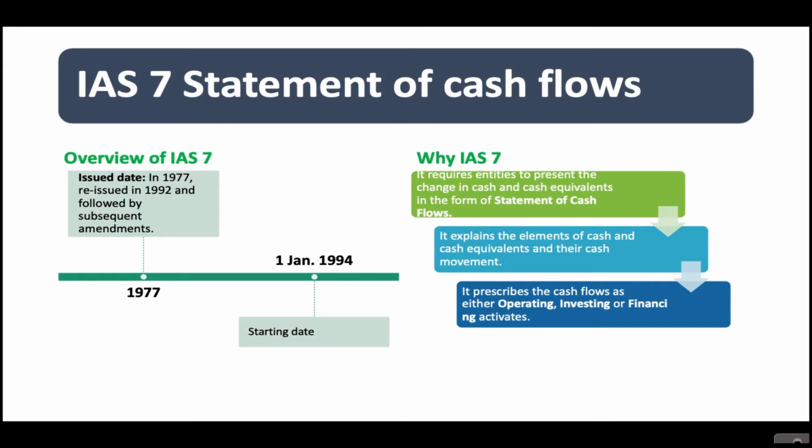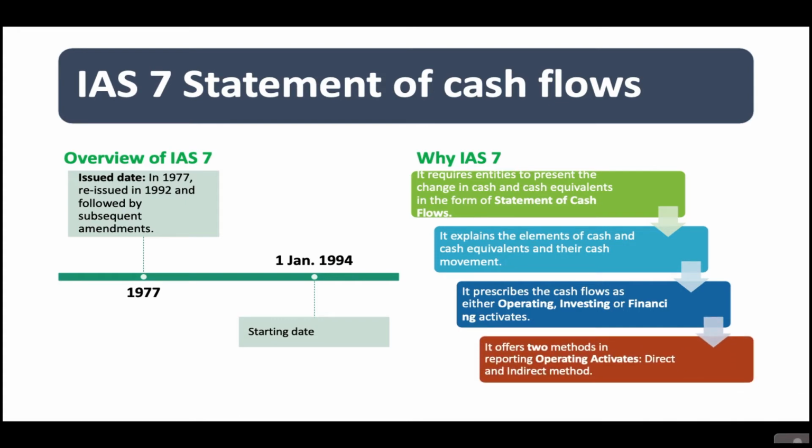Thirdly, it prescribes the cash flows as either operating, investing, or financing activities. Lastly but not least, it provides two methods in reporting of operating activities, direct and indirect methods. We shall explain more later in the practical example. Keep watching, please.